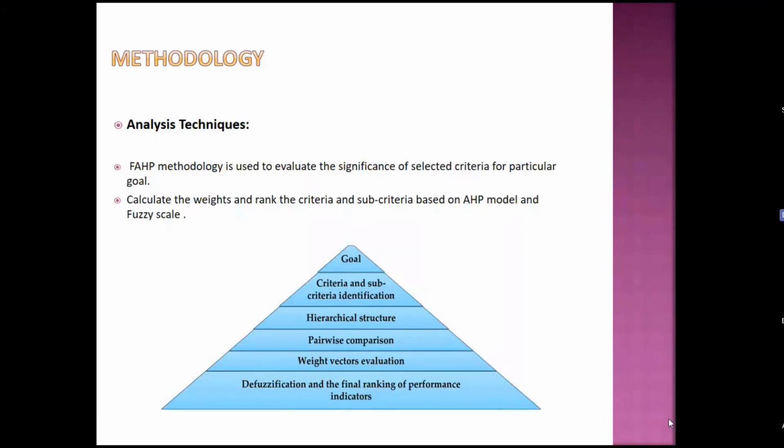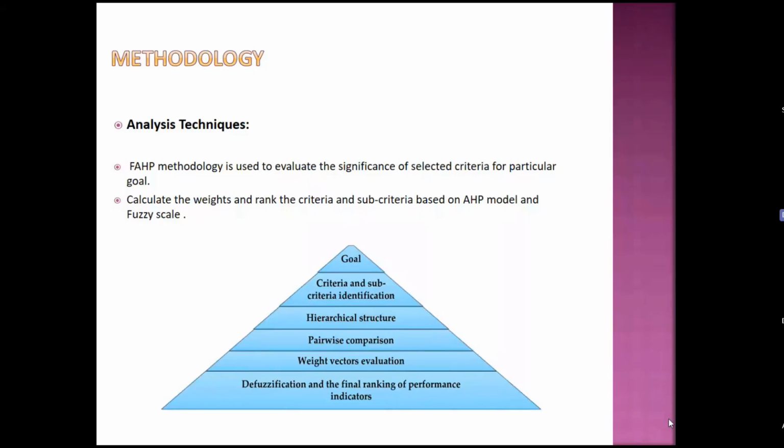Previously we discussed how we develop a hierarchical model with a goal for some specific task we want to do, and then how we set criteria and sub-criteria related to it. The main difference is that here we have a fuzzy scale, and in the general AHP technique we have the Saaty scale.